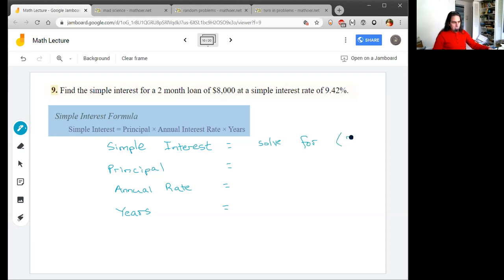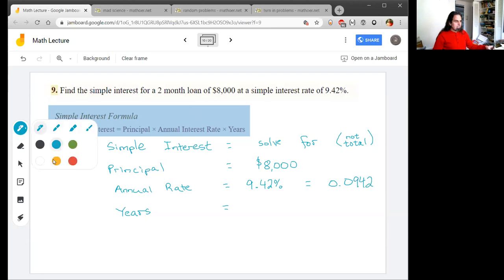And right here, they could put not the total so that they know when they get to the end, they don't have to add back on the 8,000. The principal is the 8,000. We'll take our rate. And the years.